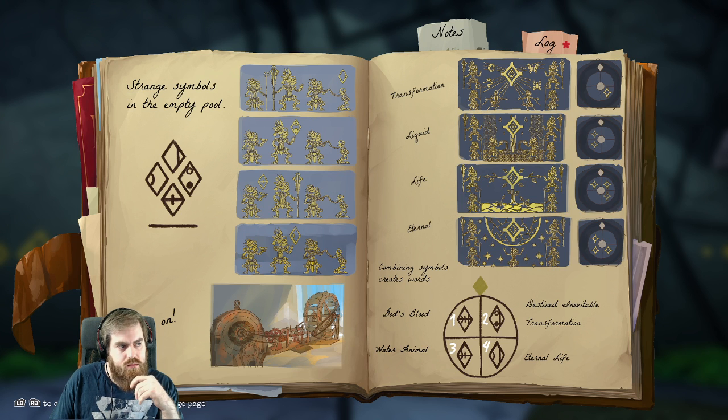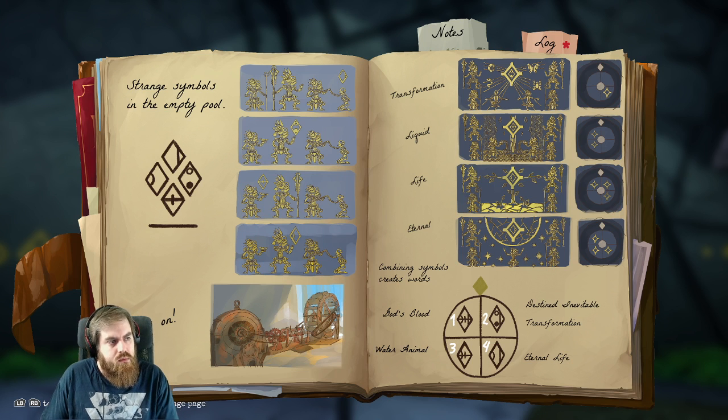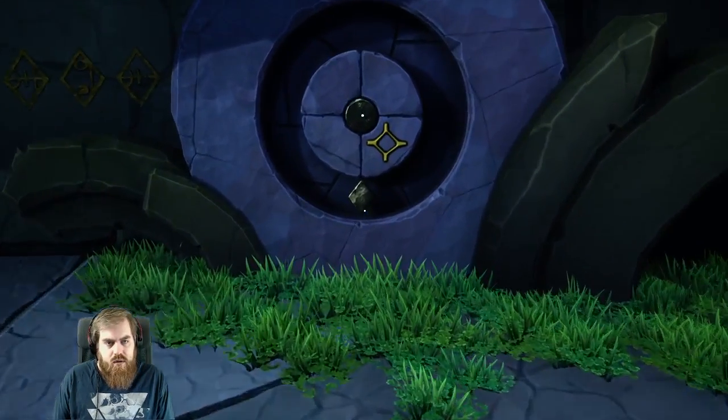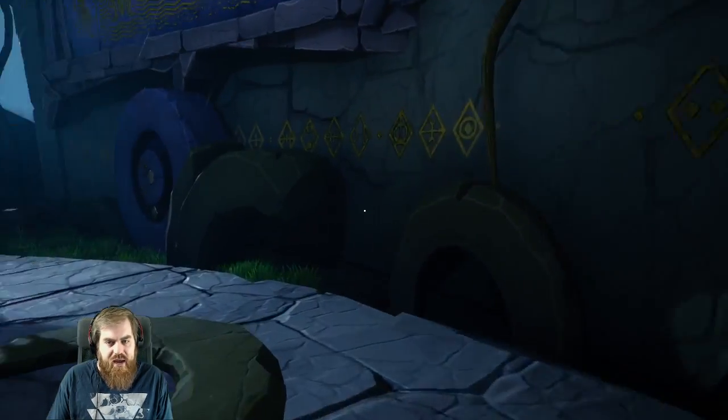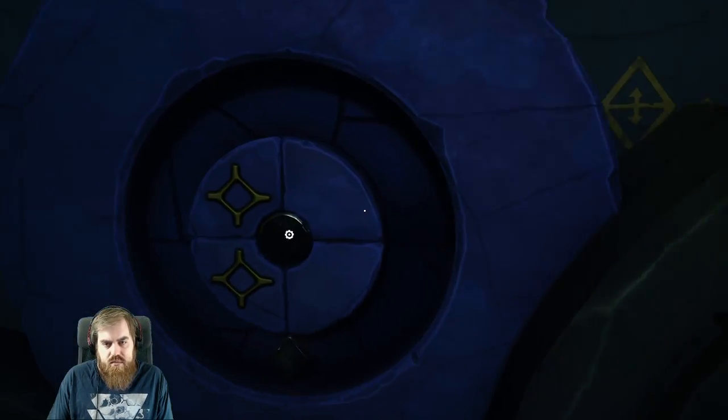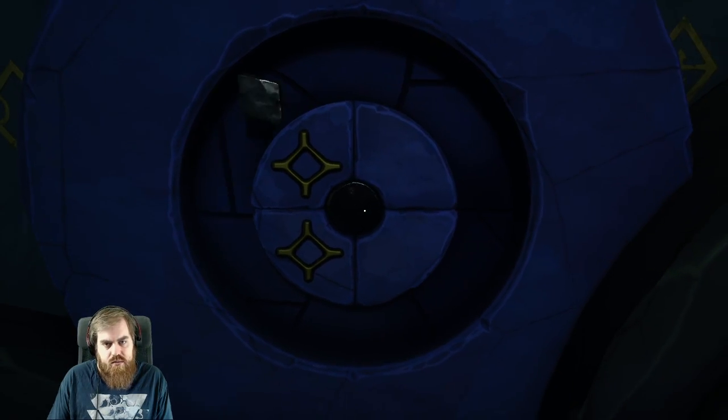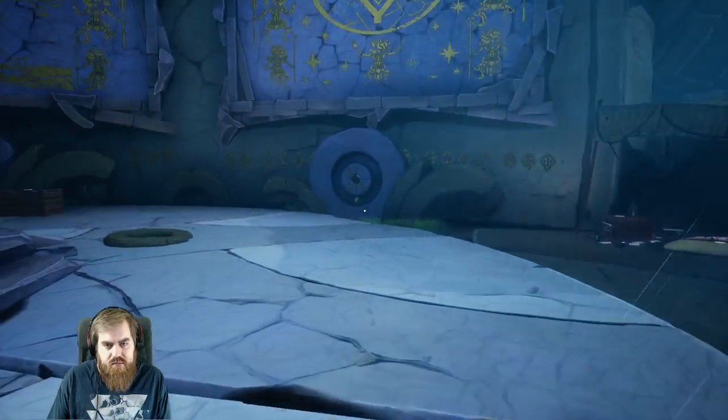Which diamonds? On the wall wheels? They are. One is here. So if I were to move the diamond, I would just... When I got into this room, they were all at the top. They were exactly like in the journal. So that won't do anything.